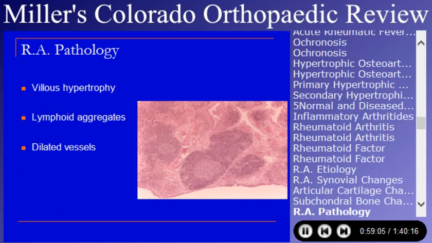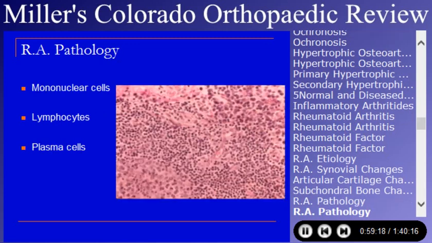The pathology is inflammation. There's hypertrophy of the synovial villi, lymphoid aggregates, and enlarged vessels that can be seen. The cell type is inflammatory as opposed to neoplastic.